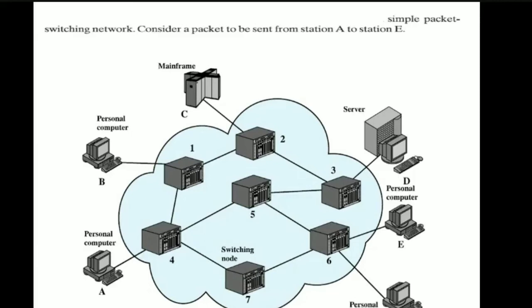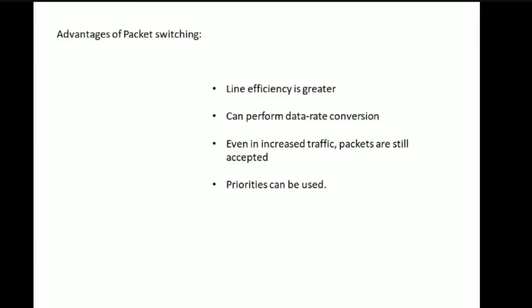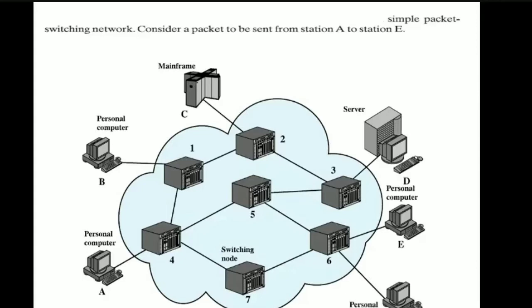That's it. Next, the second advantage is that packet switching can perform data rate conversion. That is, two stations with different data rates can also exchange packets. In circuit switching, the two connected stations must be at the same data rate.